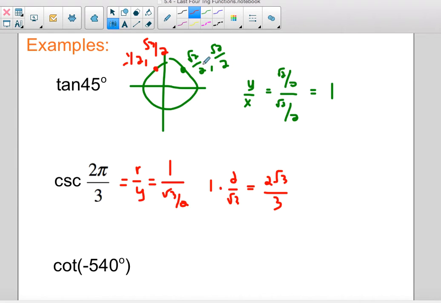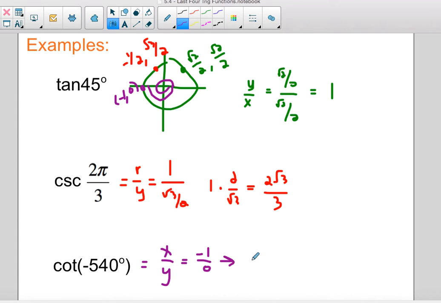And then if we think about cotangent of 540 degrees, or negative 540 degrees. If you went all the way around, that's negative 360, plus another negative 180 would spit you out right there. So coordinates right there are just negative 1 comma 0. Cotangent is the reciprocal of tangent. Tangent is y over x, so cotangent is going to be x over y, which in this case, the x coordinate is negative 1, the y coordinate is 0.